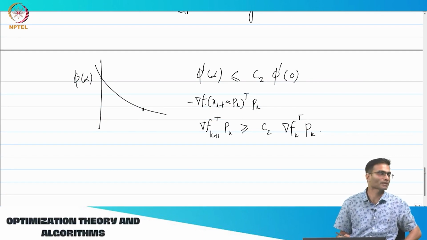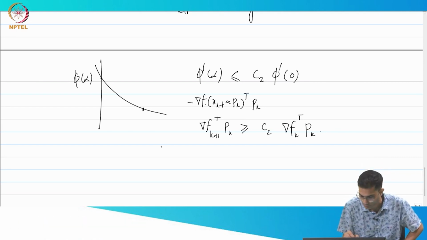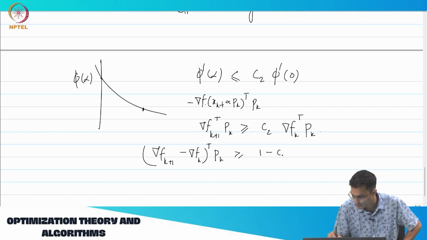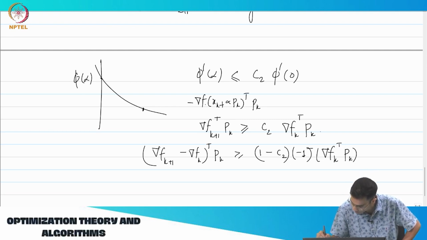Now, supposing I subtract grad fk transpose pk from both sides, what will I get? The left hand side is going to give me grad fk+1 minus grad fk transpose times pk, greater than or equal to, I am going to write this as (1 minus c2) into minus 1 into grad fk transpose pk.